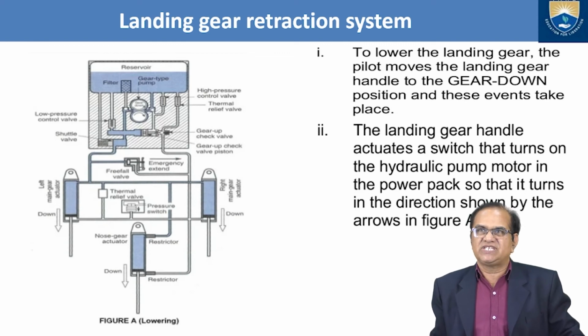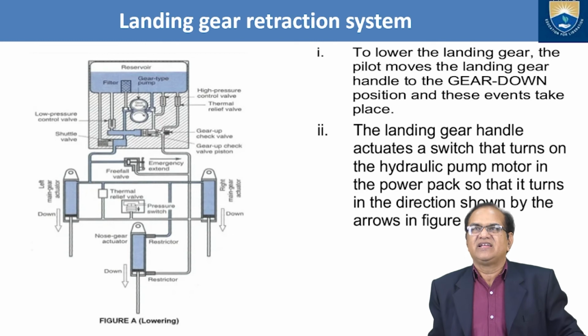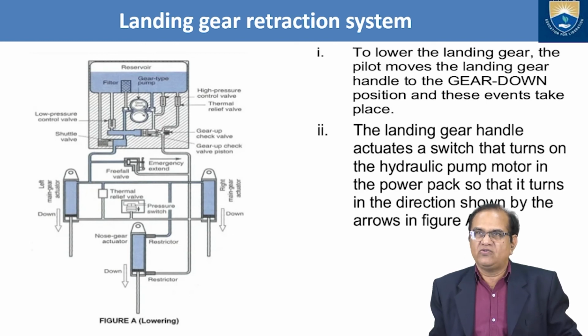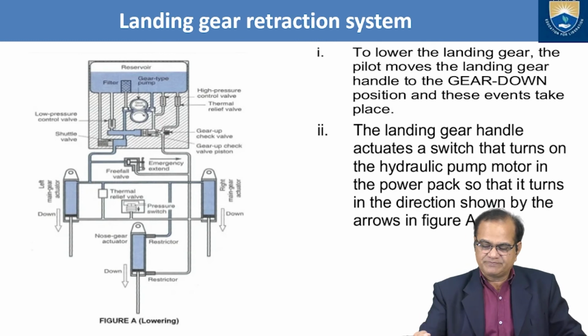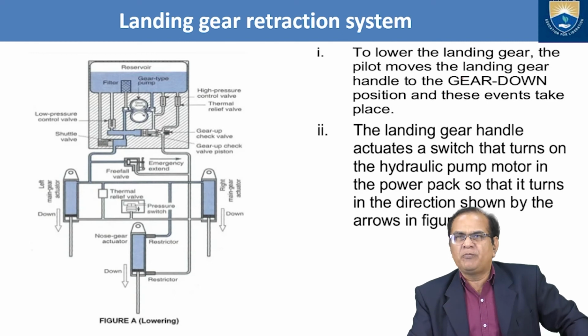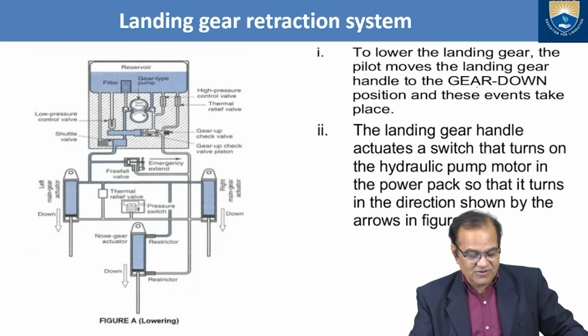So in this, to lower the landing gear, the pilot moves the landing gear handle to the gear down position, and these events take place. If you see here, the pilot will put a lever down. If he is putting the lever down, then what will happen?